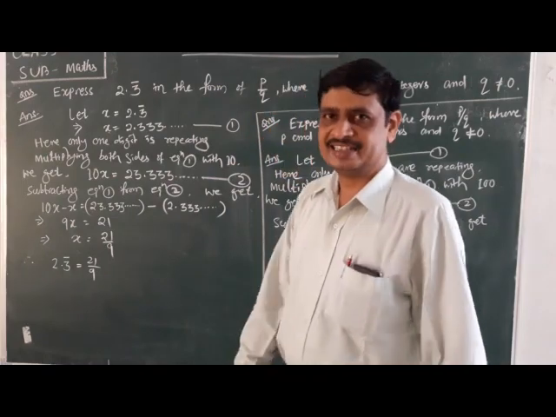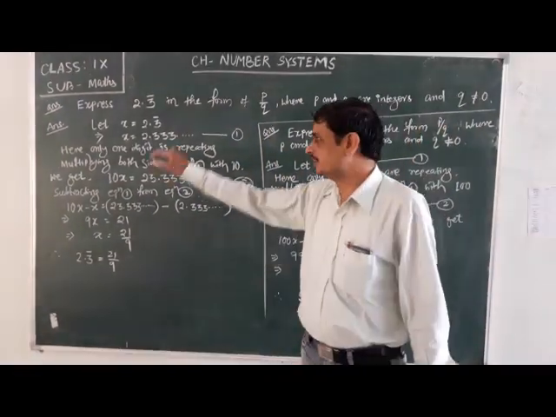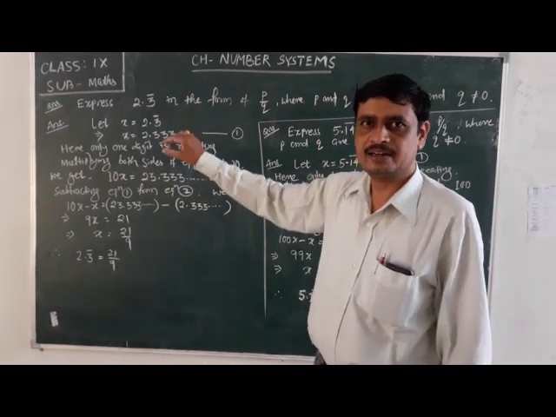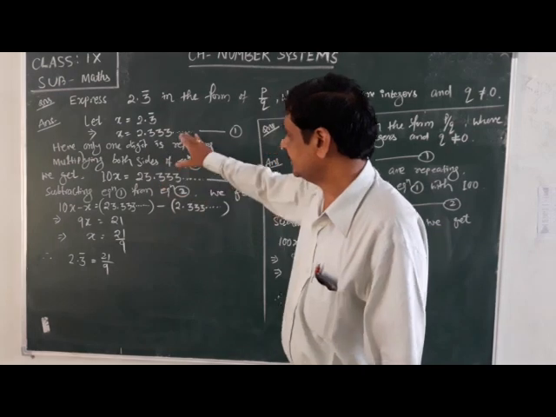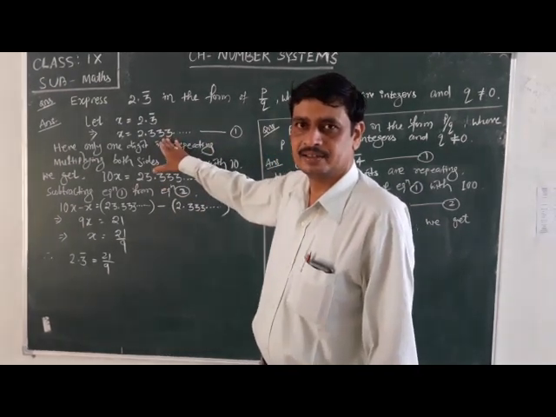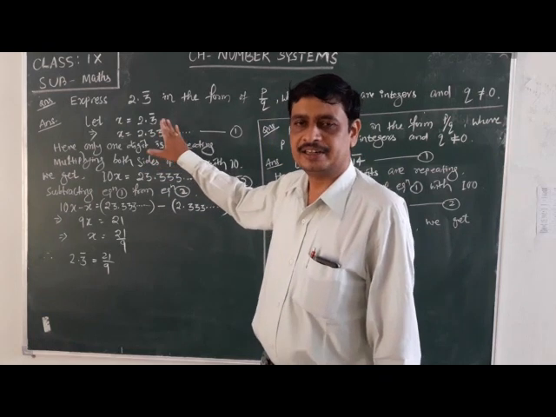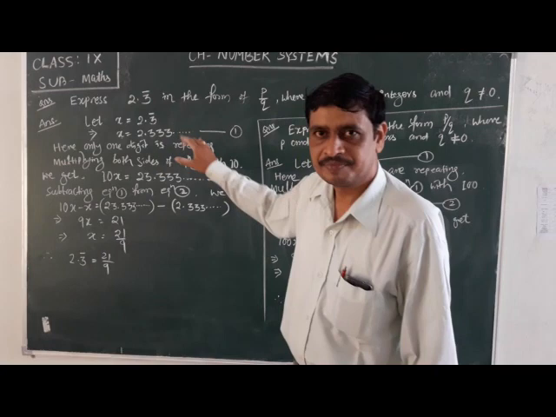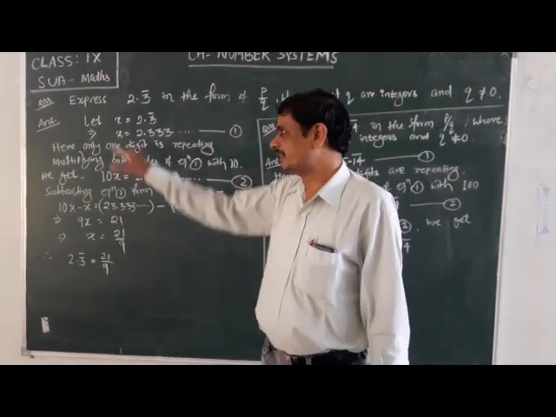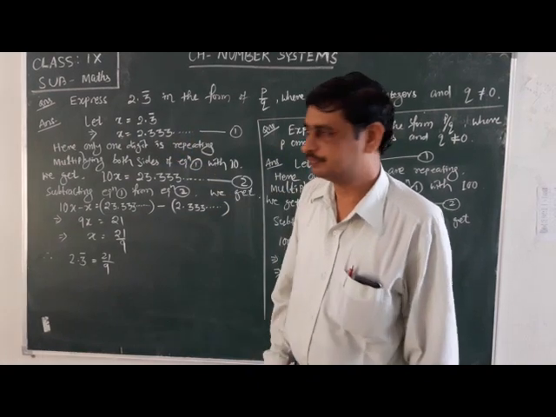We consider the statement as an equation when the decimal part contains all the repeated digits. Here the decimal part has the repeating digit 3333. So we can consider this statement as equation 1.